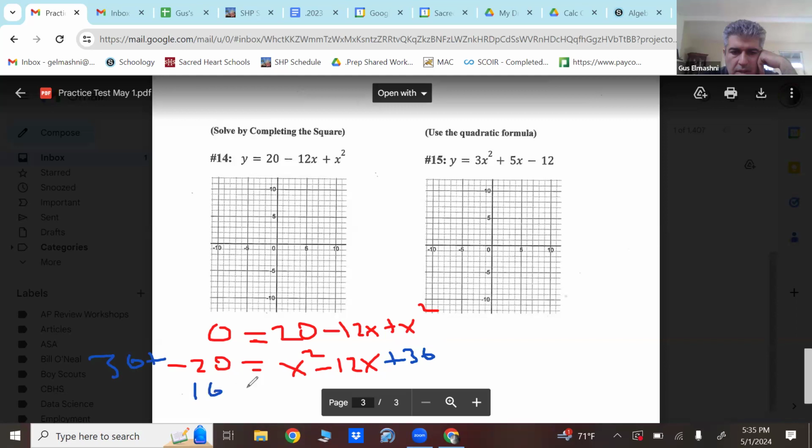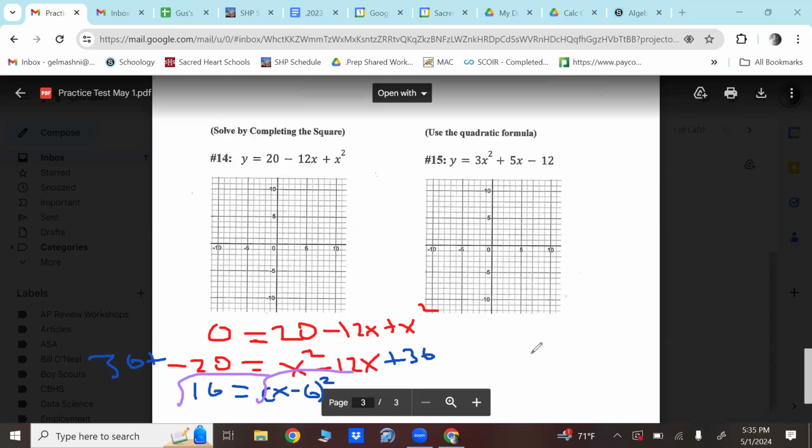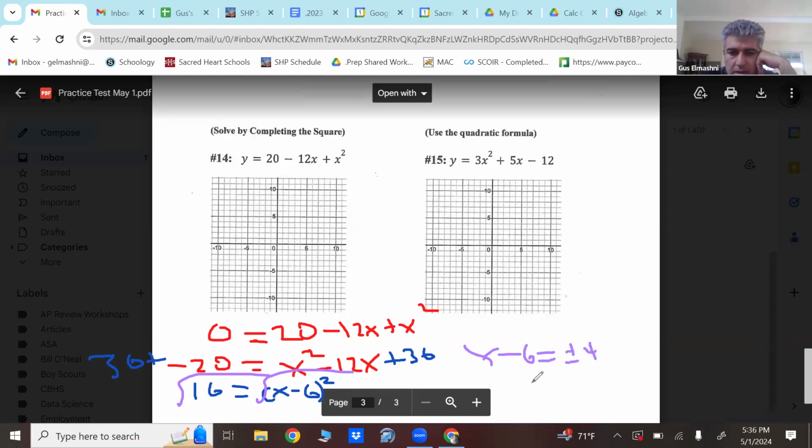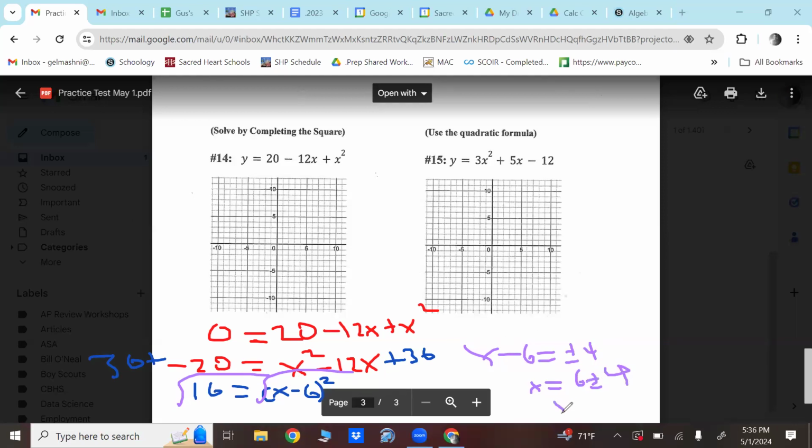So 16. And then you do what we did earlier, square root both sides. Your teachers were kind of working towards that process. So x minus 6, and then add 6 to both sides. So it's 10 or 2.